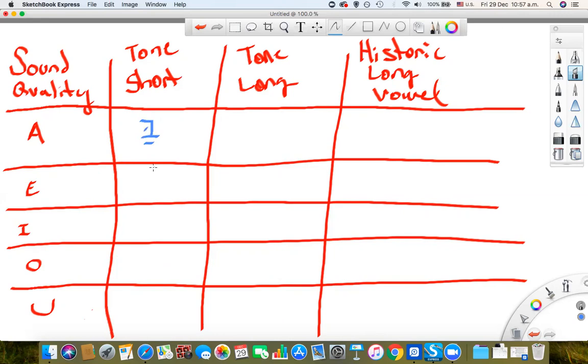You'll see in Pratico and Van Pelt, they'll say tone short A-class vowels is ah, like bat, and then a tone long would be ah, as in father. Well, I don't think that's really the case, because we're not distinguishing between 2 A sounds, but we're distinguishing between the duration in which these vowels are held.